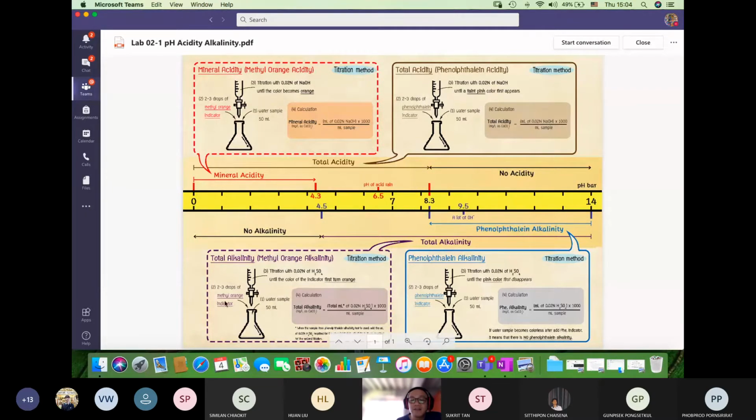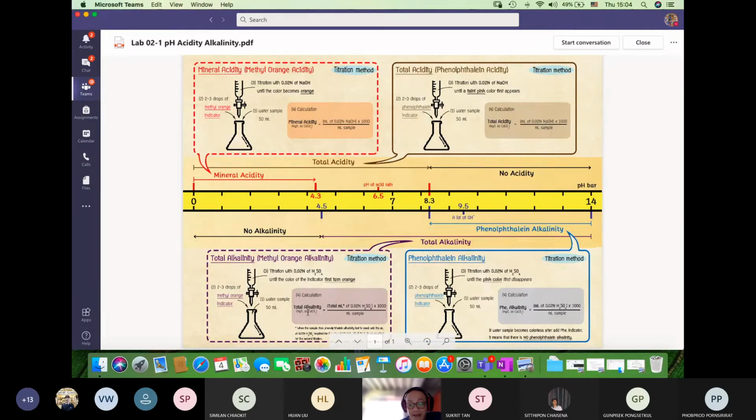After you get the volume of acid used, you have to calculate and determine the total alkalinity. The titration will not give you a value directly, but it will give the volume of acid consumed.